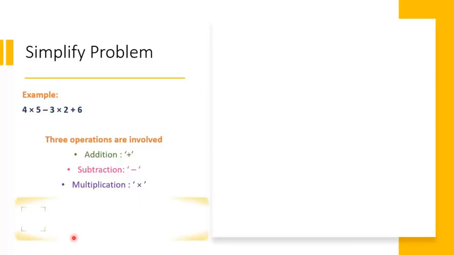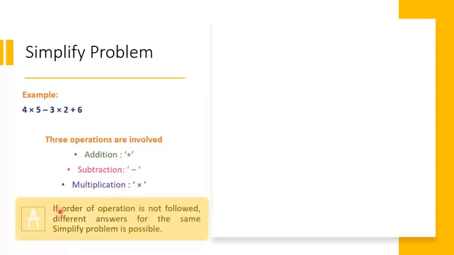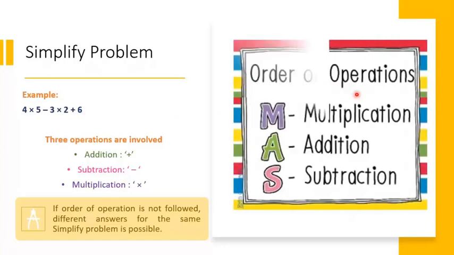One point to remember here is if the order of operation is not followed, different answers for the same simplified problem are possible. So there should be an order of operation in order to solve this simplified problem, and that order should be first multiplication, then addition and then subtraction.